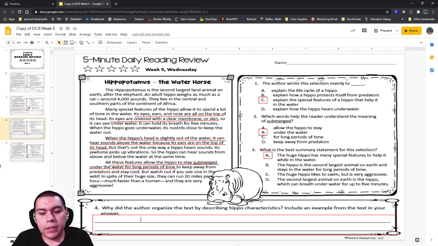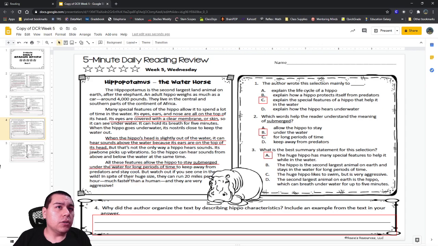Question 4 says, why did the author organize the text by describing hippo characteristics? So they told us about how big it is and how much it weighs. Then they told us about its eyes. They told us about its nose. Then they talked about its ears.